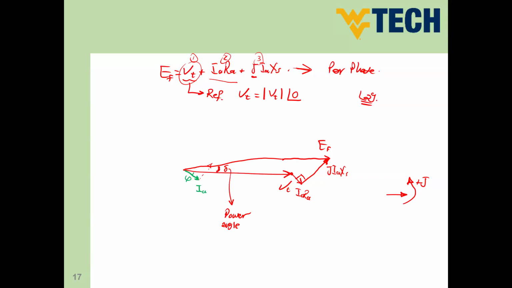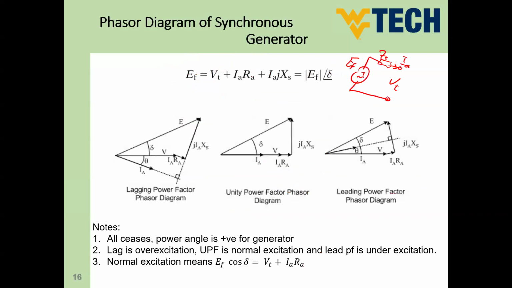So delta is the angle of the induced volt. So by the end, this vector here, EF, is going to be a certain voltage magnitude, and the angle is going to be delta. So this is the lagging power factor case. Let's go back to see this compared to our vector diagram here.